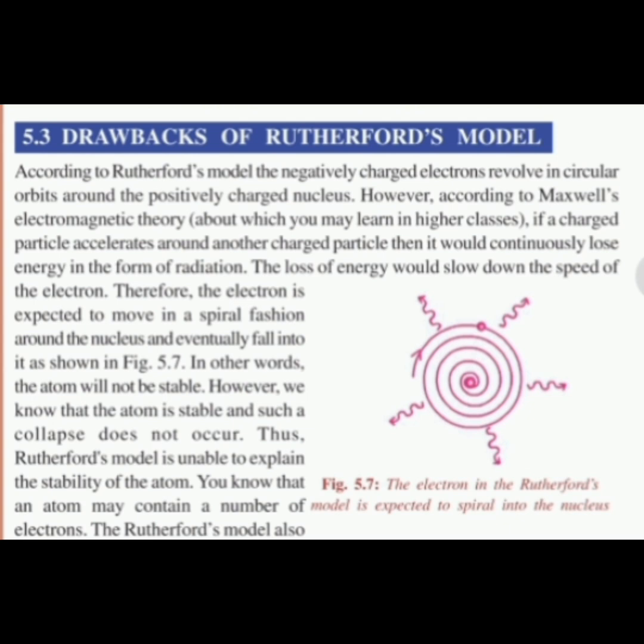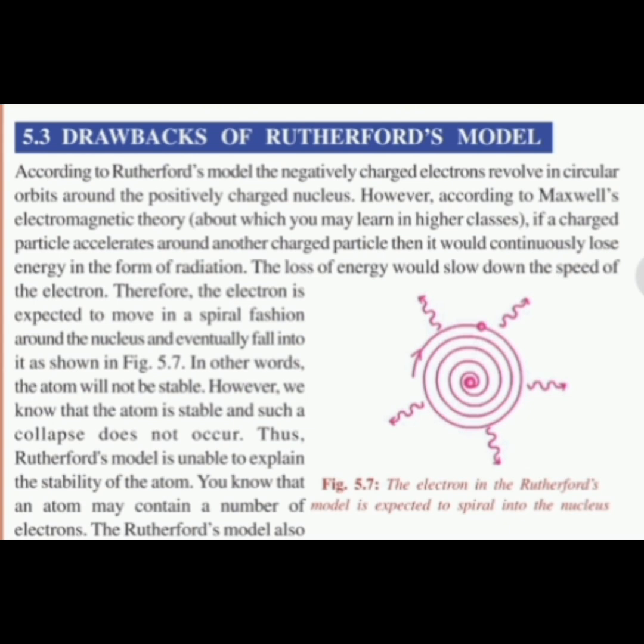The loss of energy would slow down the speed of the electron. Therefore, the electron is expected to move in a spiral fashion around the nucleus and eventually fall into it, as shown in figure 5.7. In other words, the atom will not be stable. However, we know that the atom is stable and such a collapse does not occur. Thus, Rutherford's model is unable to explain the stability of the atom.